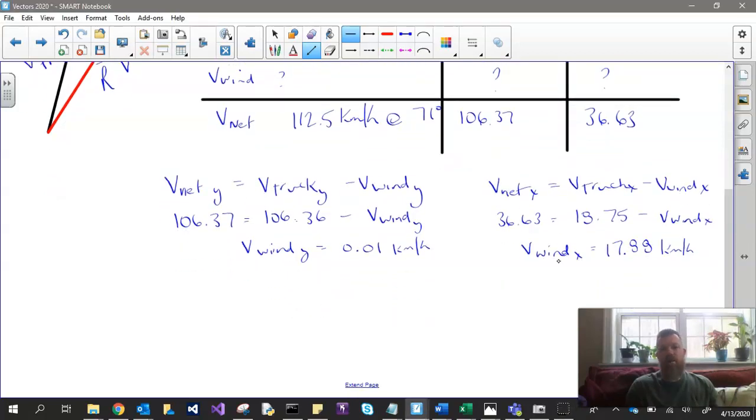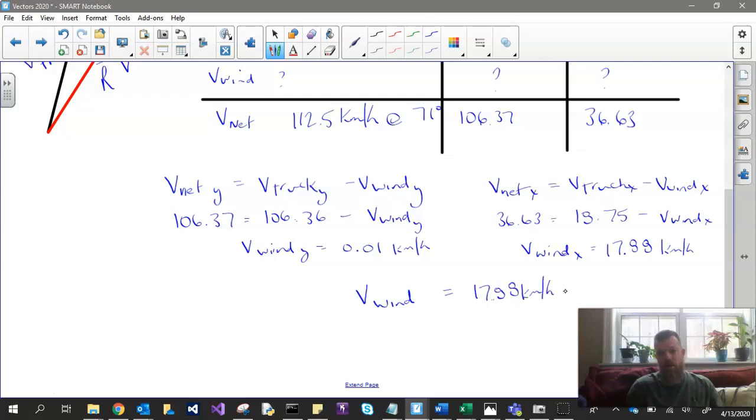So now that I have these two values, remember to finish off the question, if it asks you in the I and J hat, the answer would be velocity of the wind equals 17.88 kilometers per hour I hat plus 0.01 kilometers per hour J hat. So that would be the end answer if we were just stopping there.